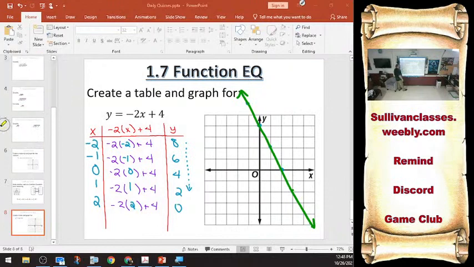Score them up and score them up honest. Did you have a table? Did you pick X numbers that weren't ridiculous for your table? Did you get Y's for each of those X's by doing math and stuff?